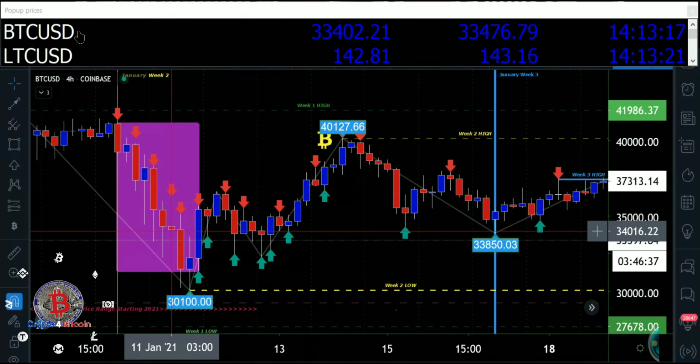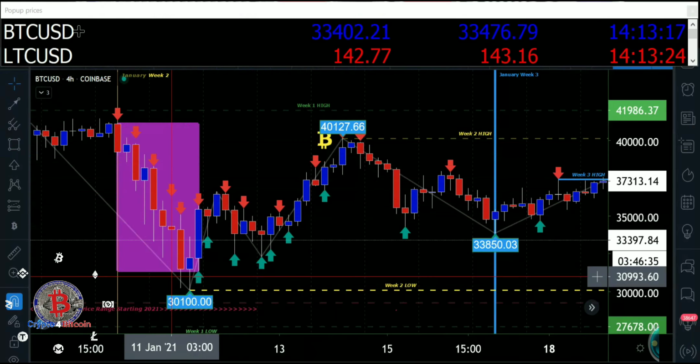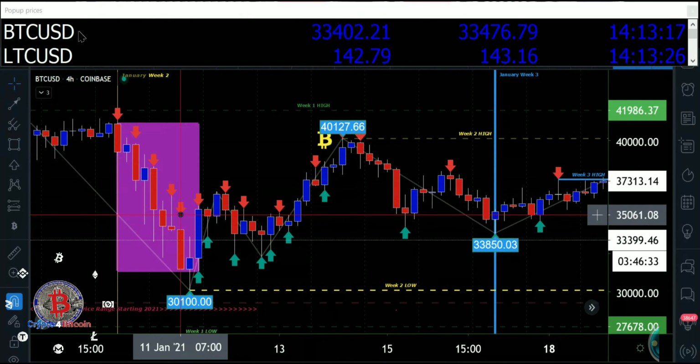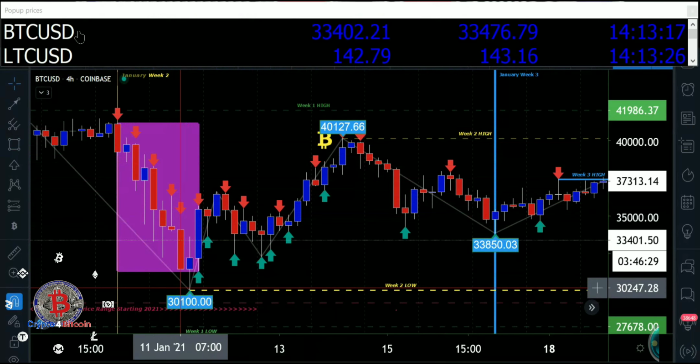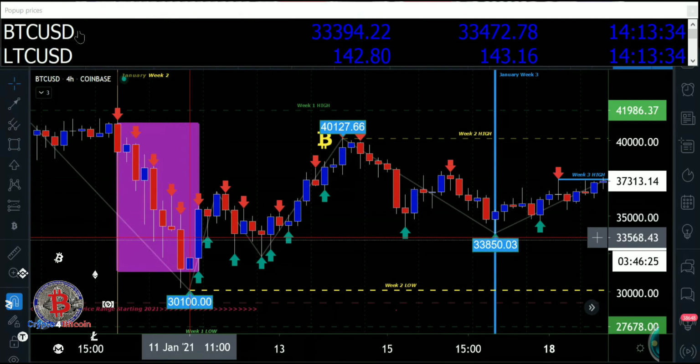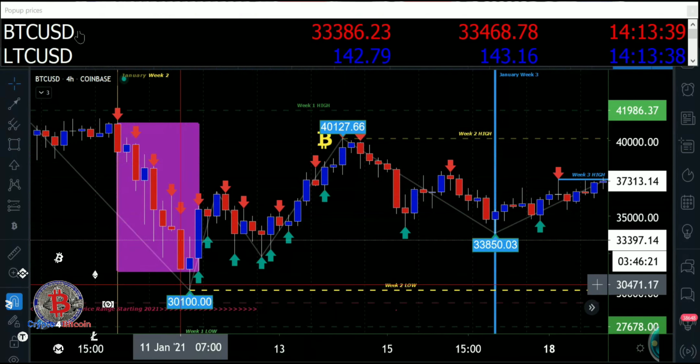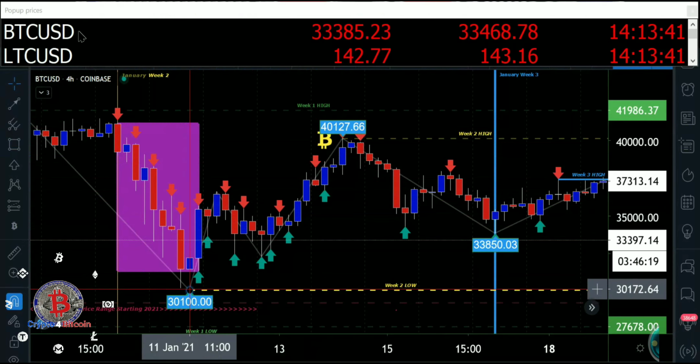Then it started to try to cool down a little bit, give us a little like 1,500 move. Then you turn around with another 5 to 30. Turn around again, from the 30, go up to 33. Back down to 29, 28 area.